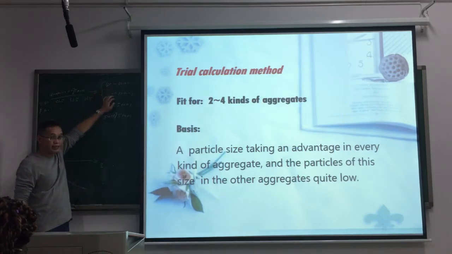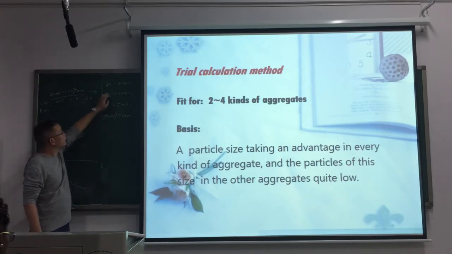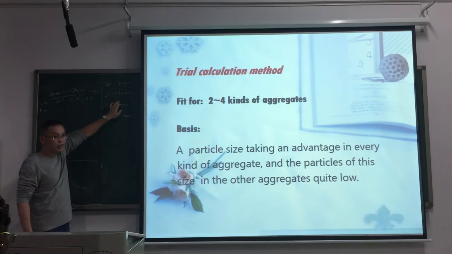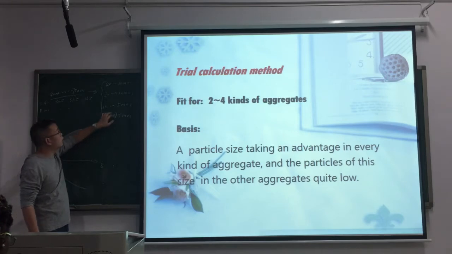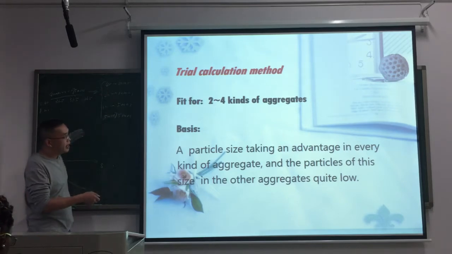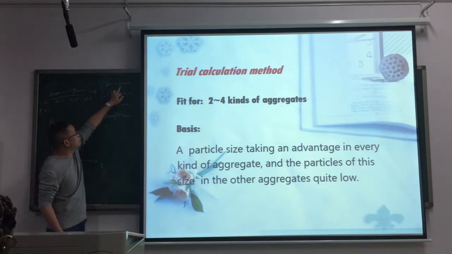We can divide the aggregates into 4 kinds of aggregates. The size of each aggregate is different. So we can find the advantage particle size. For example, 30. 30 is between 20 and 40.